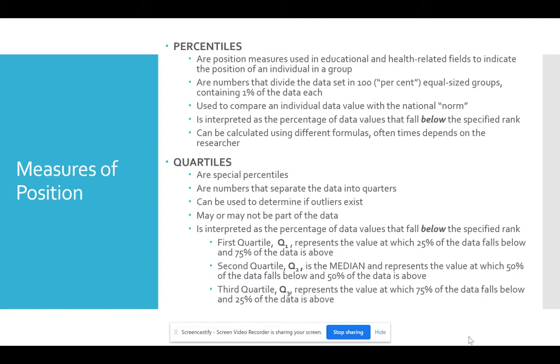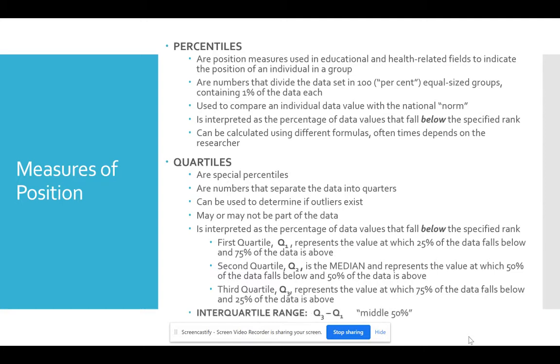Now, Minitab or other statistical software, or your calculator, will calculate the measures of center, the measures of variation, and the measures of position for you. And so in a separate video, you'll be able to see how Minitab does that for this particular course.